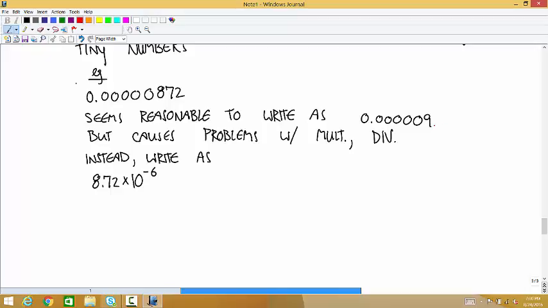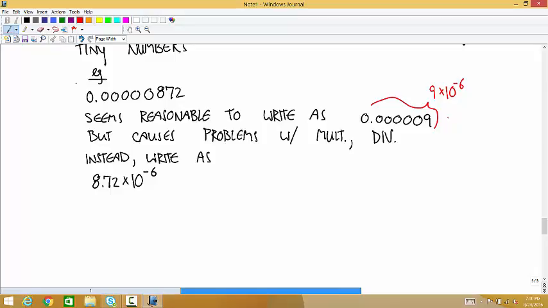So notice that this one, if you wrote this rounded version in scientific notation, you'd be writing it as 9 times 10 to the minus 6. And when you look at these two compared to each other, it's sort of more obvious that you're throwing away a lot of precision if you use standard notation and do that rounding. Okay, so just be careful with that.